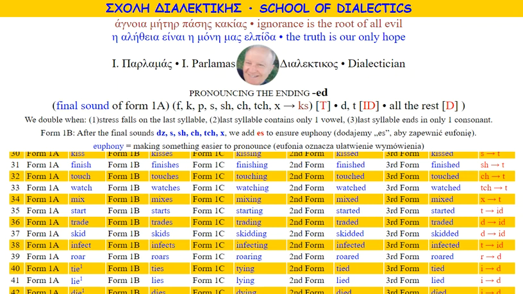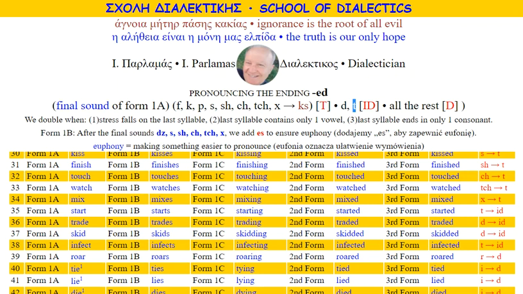Trade, last sound D. So last sound is D, and this ending must be pronounced as id. So skid, skids, skidding, skidded, skidded. Infect, last sound T. So T must be pronounced as id.